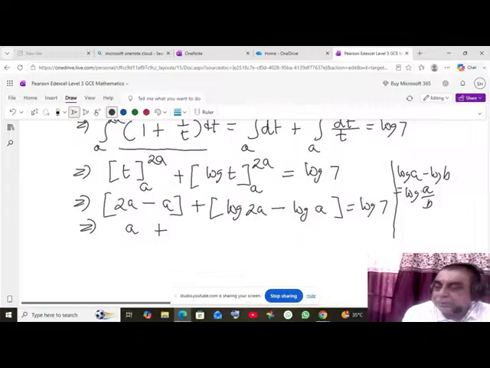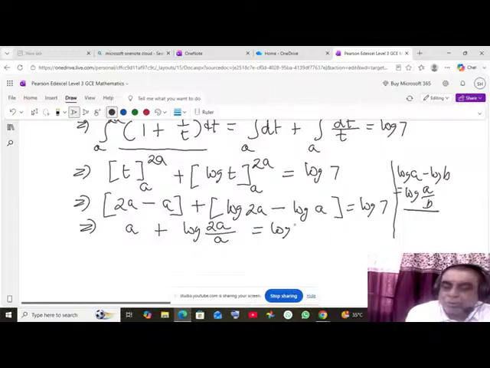So you convert it to a single log, a divided by b. We are changing this log 2a minus log a to a single log. So this will be log of 2a divided by a, which is equal to log 7.